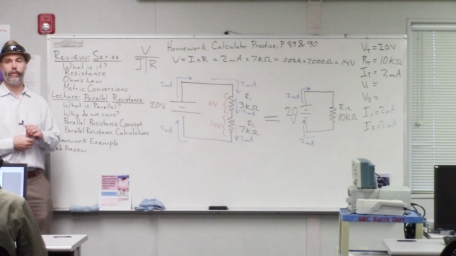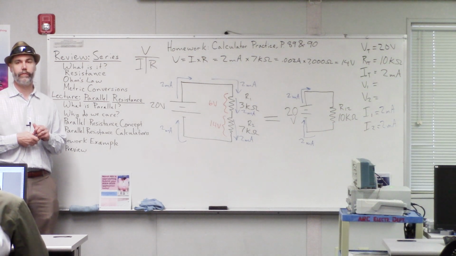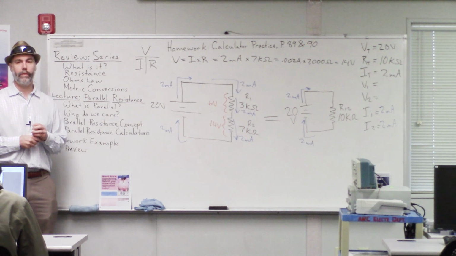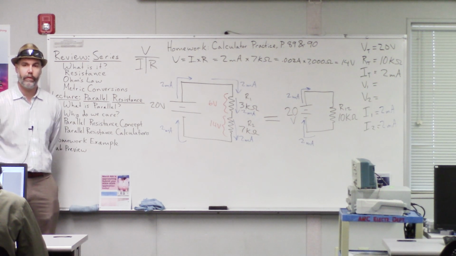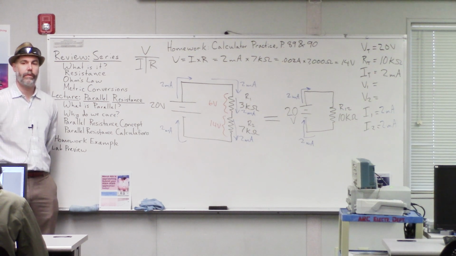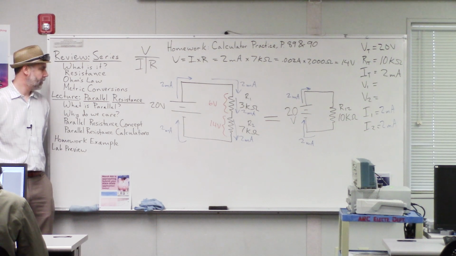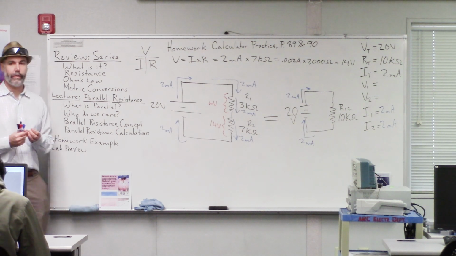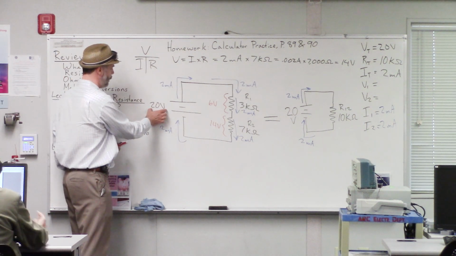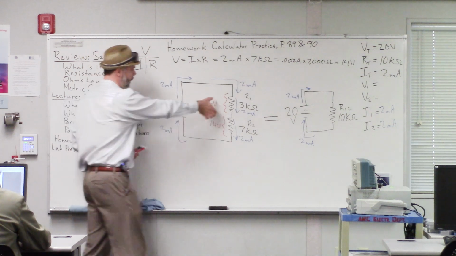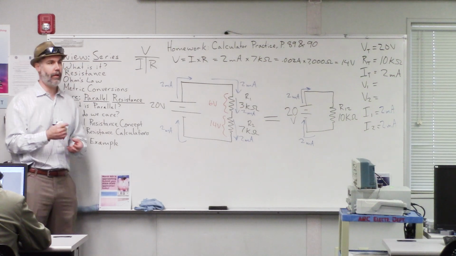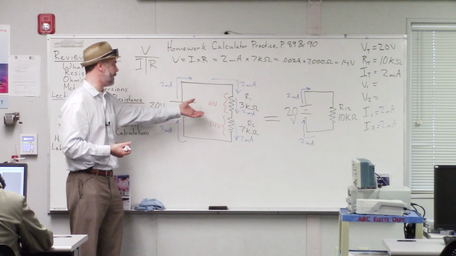Professor, if we have one source, 20 volts, and you found one of those voltages, can we write an equation like 20 volts equals 6 volts plus V2? Yeah, that's right. So that's a great observation. Over here we have a 20 volt power supply, and you'll notice these two voltages add up to 20 volts. That's not a coincidence. That will always be the case in a series circuit.